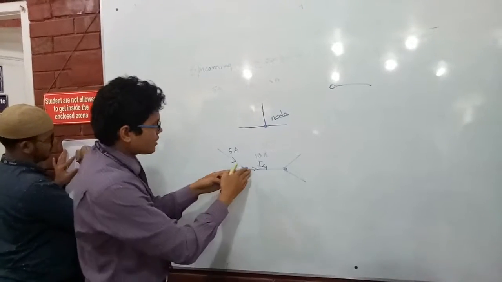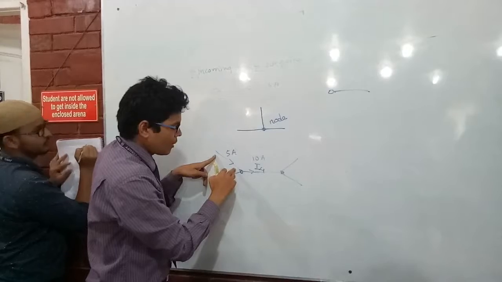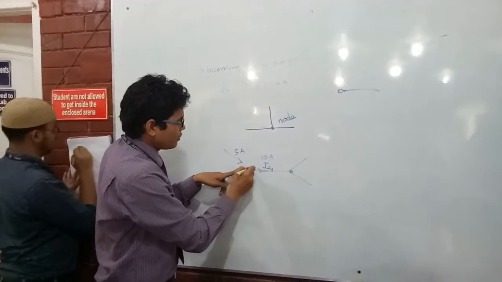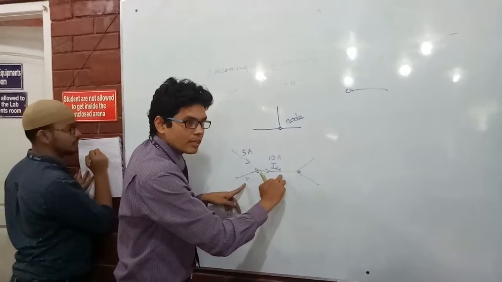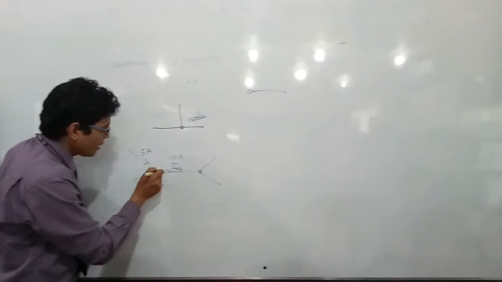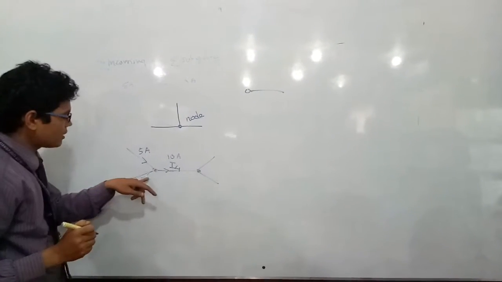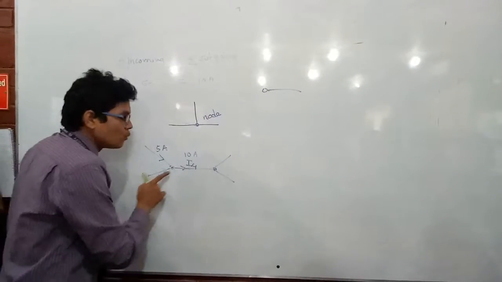As 10 ampere is outgoing and incoming is 5 ampere, the additional amount of current must obviously flow towards the node, so the direction of x would be inward.